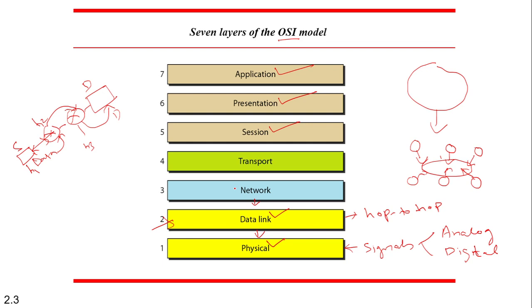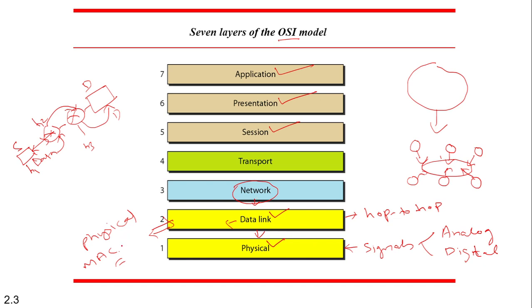Now next we have the network layer. But one thing I wish you to remember: in the data link layer there is an addressing mechanism called physical addressing, or the MAC address, which is a permanent address normally given by the manufacturer of the system. We will discuss all about this in future classes.